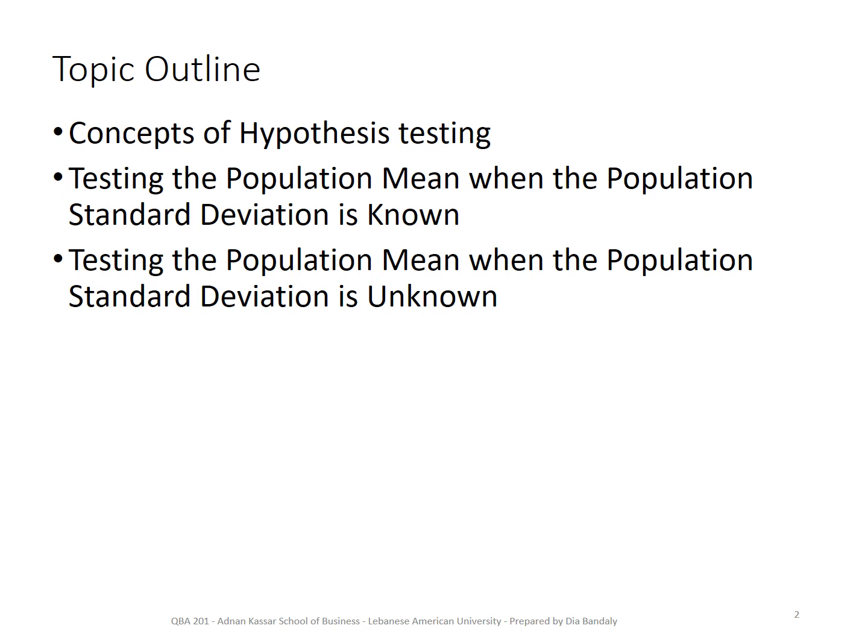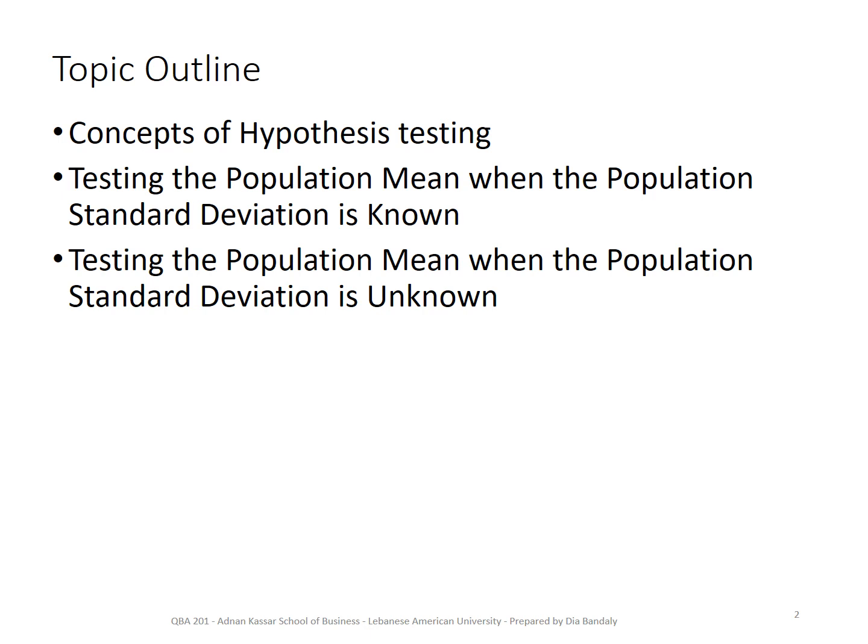All right, and this is where we're going to spend most of the time, by testing population mean when the population standard deviation is known. Because I'm going to use an example where we know the population standard deviation, and I will be using this example in order to even reinforce more the concepts of hypothesis testing that I will start with.